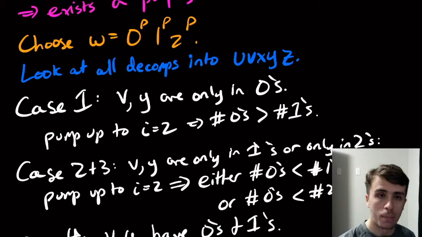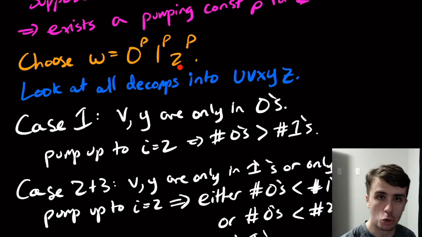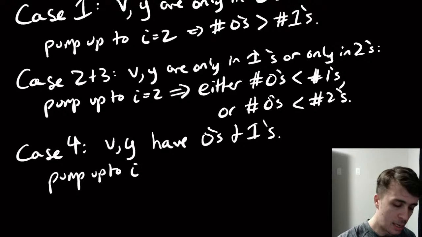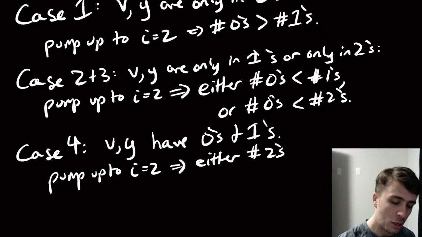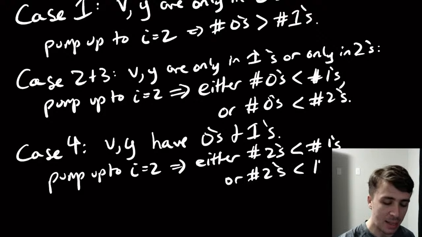And note here, if they have zeros and 1s, they can't possibly have 2s. So if we pump up to i equal to 2, then either the number of 2s will be strictly less than the number of 1s, or the number of 2s will be less than the number of 0s.